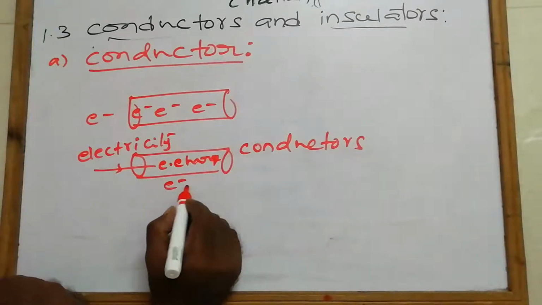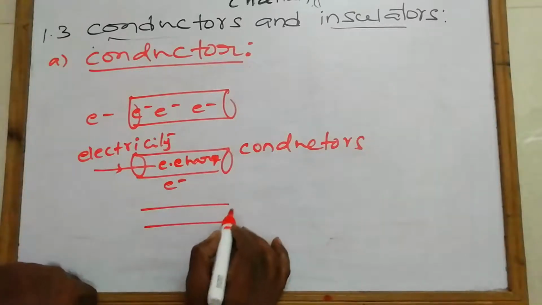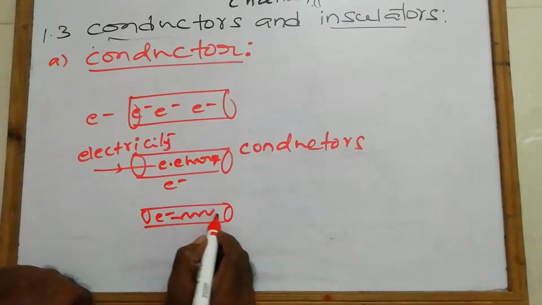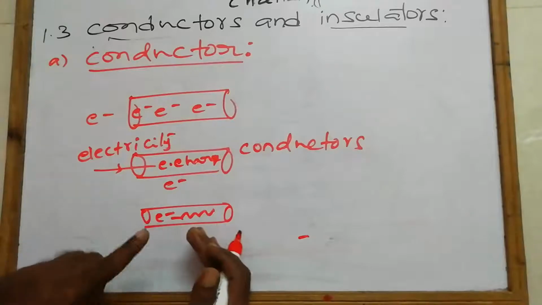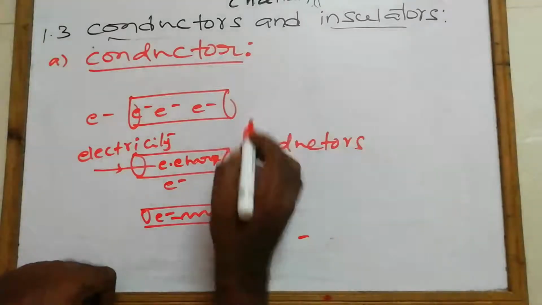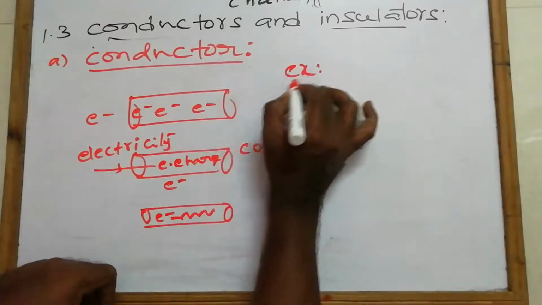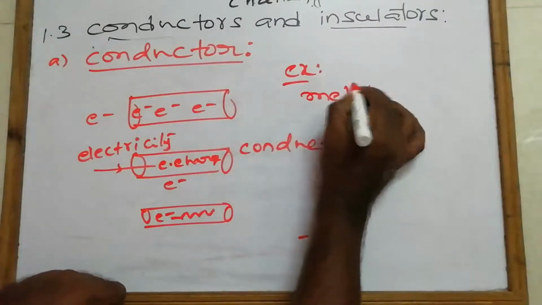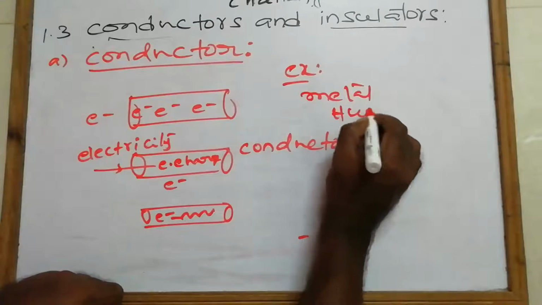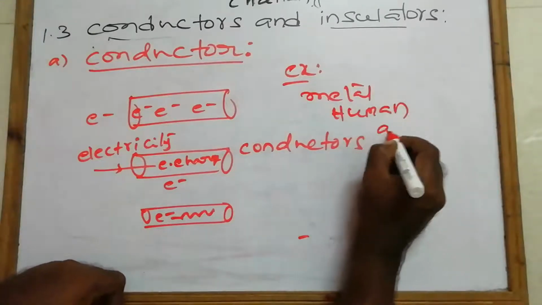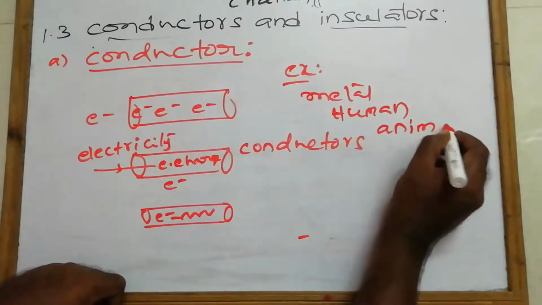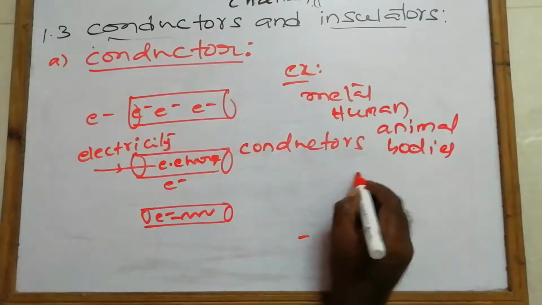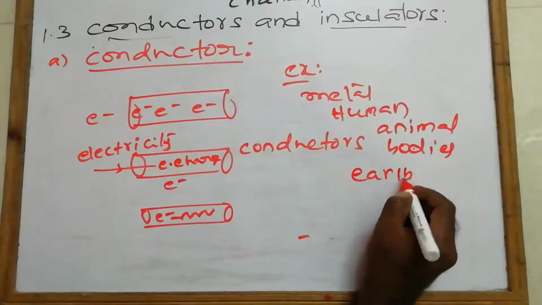Examples of conductors are metals, humans, animal bodies, and the earth. These are good conductors.